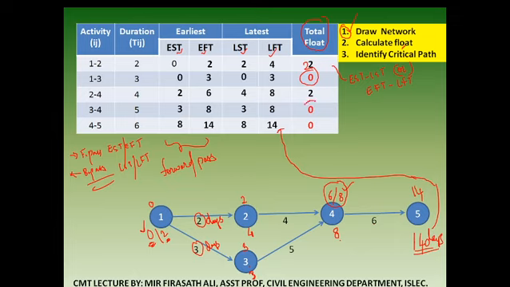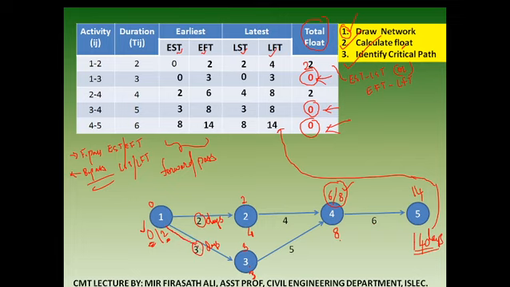Critical activities are nothing but those whose total float is 0. Just join this 1, 2, 3. Where is 1, 2, 3? Highlight these activities. This highlighting is nothing but identifying where we have calculated float. Now we will identify the critical path. Critical path is nothing but whose float is 0. Activity 1, 2, 3 float is 0.